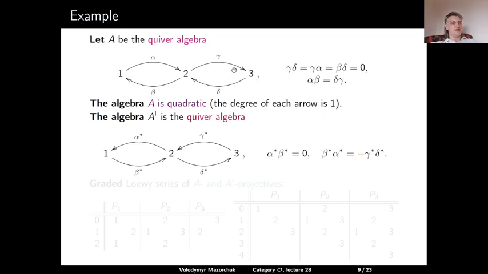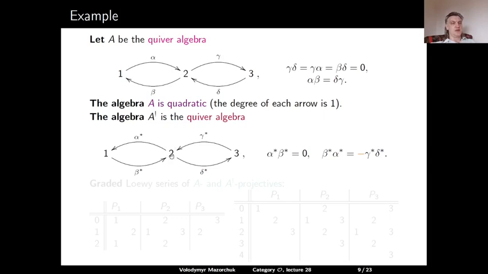Then we had the relation that gamma after delta was 0, so there will be no relation at the vertex 3. And since we had the relations that gamma after alpha is 0, there will be no quadratic relations between 1 and 3, and similarly between 3 and 1. And originally at the vertex 2, we had the relation that alpha after beta is equal to delta after gamma.